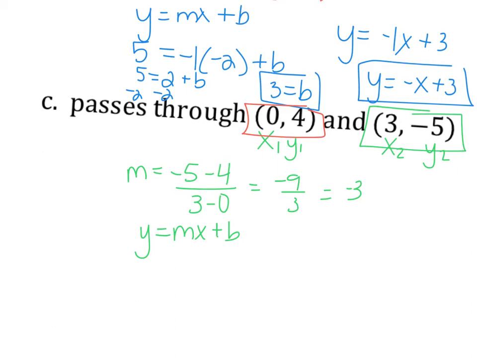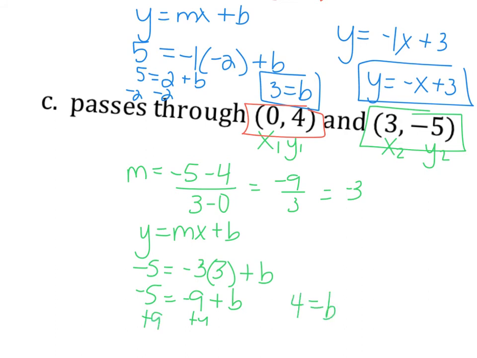Our y is negative 5, so negative 5 equals negative 3 times 0 plus b. So negative 5 equals negative 9 plus b. I'm going to add 9 to both sides. So 4 is b. And we have our m of negative 3.